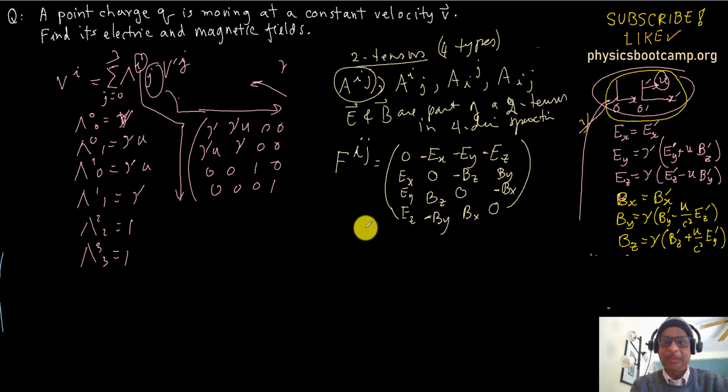Yeah, so what you can see, if I can read this: this is the 0 1 component, 0 2 component, 0 3 component.